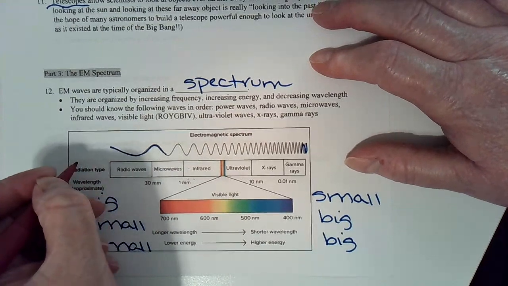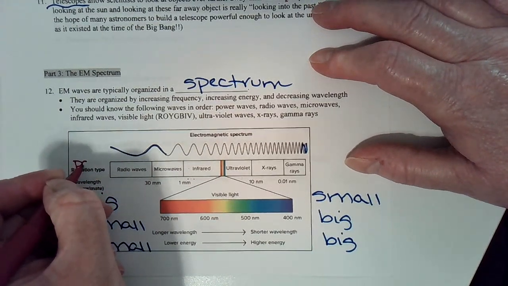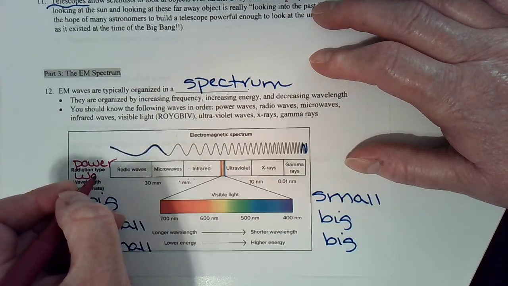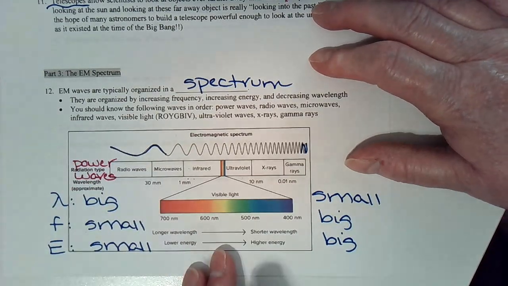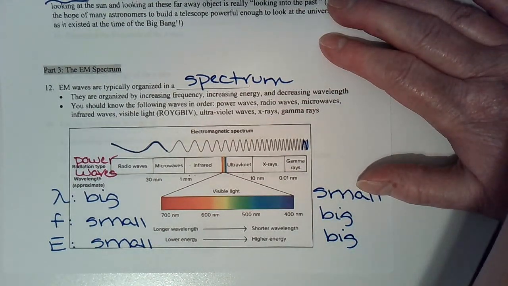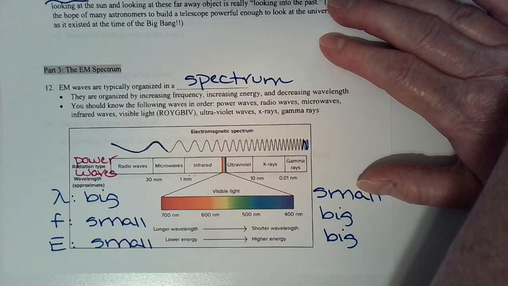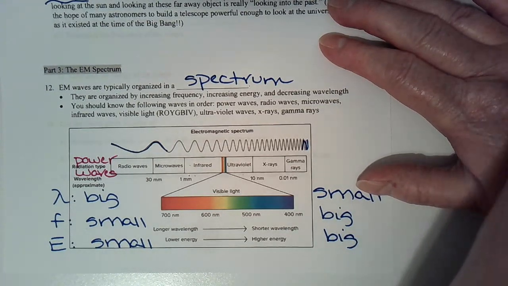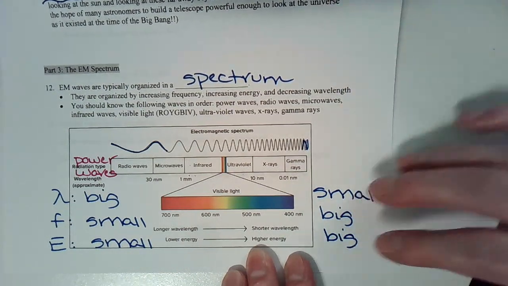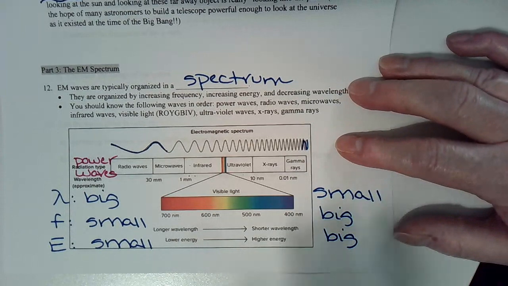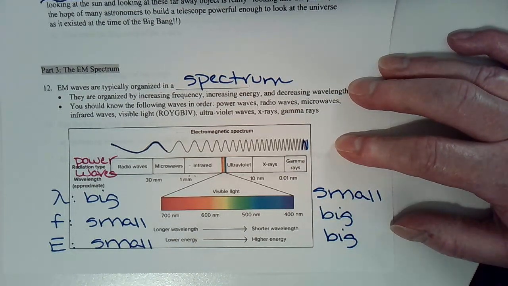So the first wave that we want to talk about is going to be power waves. I'm going to put these down here. The reason I want to start with power waves is sometimes there are people who are afraid to buy a house next to power lines, especially those big power lines that take out a swath of land, that you can look down for miles and miles.